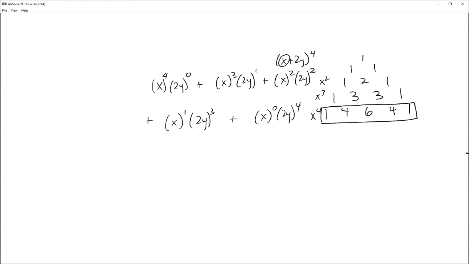Remember, if this was a minus sign, it would alternate minus, plus, minus, plus. Okay, so just be aware of that.